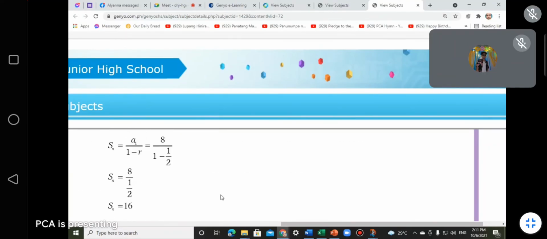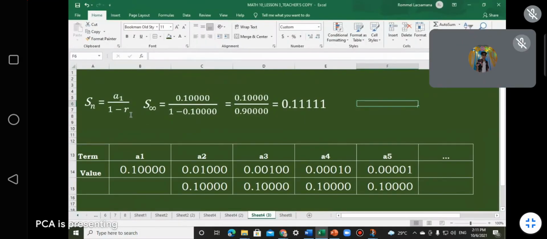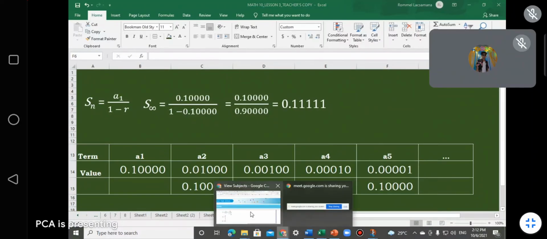For this one, n is not changed. For your case, it should be replaced by infinity because you're talking about infinity. There is no n.